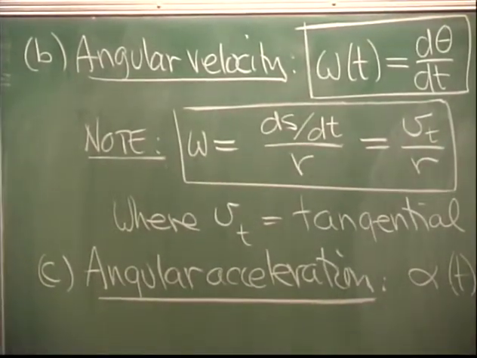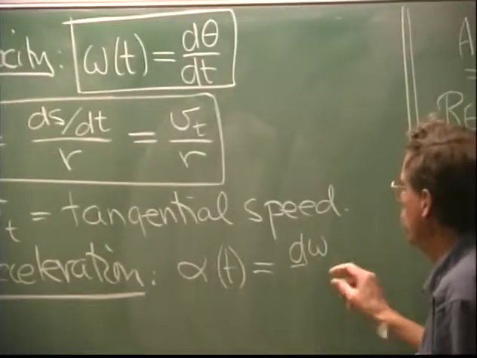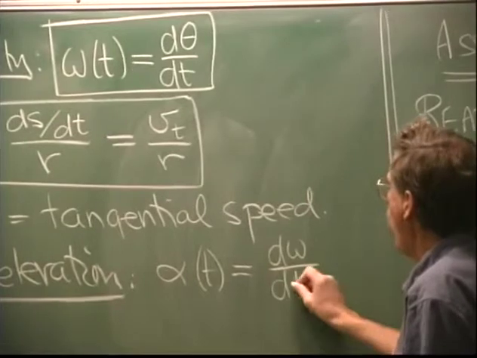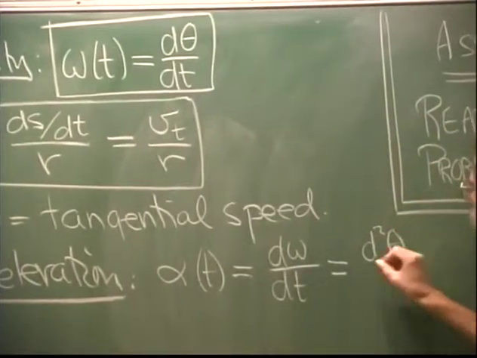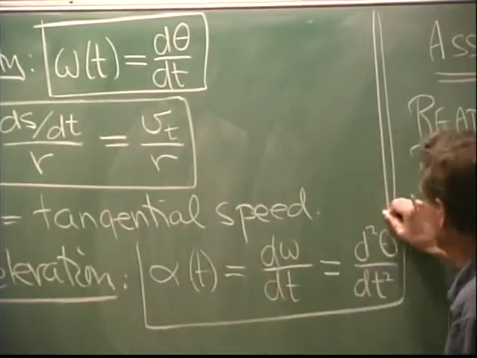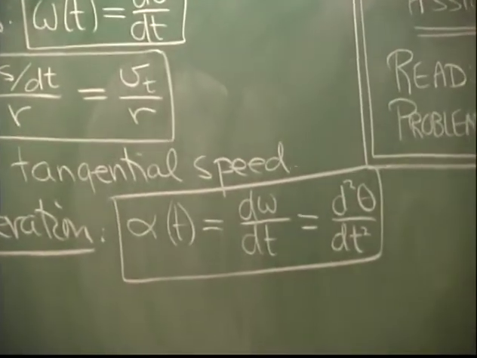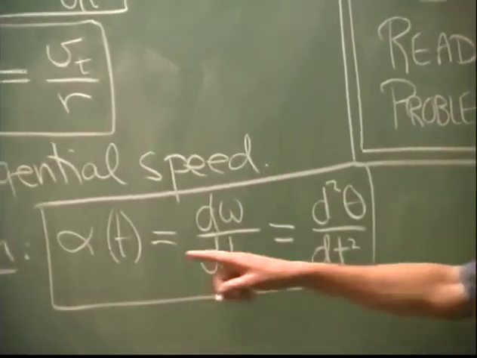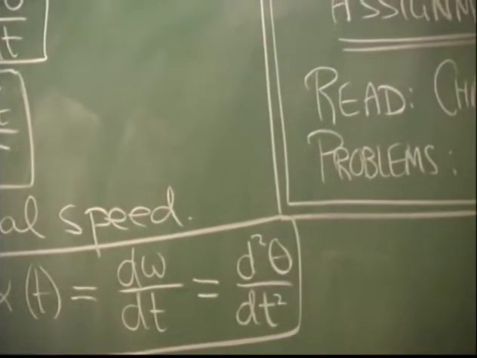Alpha, which itself might be a function of time for all I know, is equal to d omega by dt. And that's therefore the second derivative of theta with respect to time. Angular acceleration, defined exactly the same way that ordinary acceleration is defined with respect to the ordinary velocity of the motion, only now we're talking about the angular acceleration.